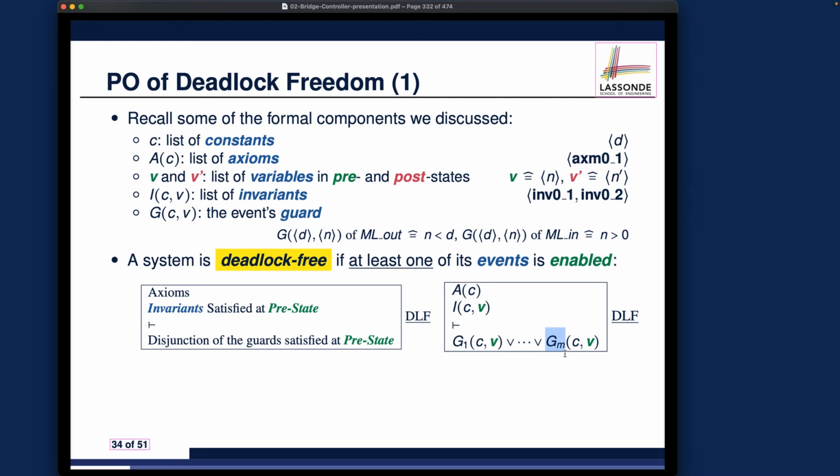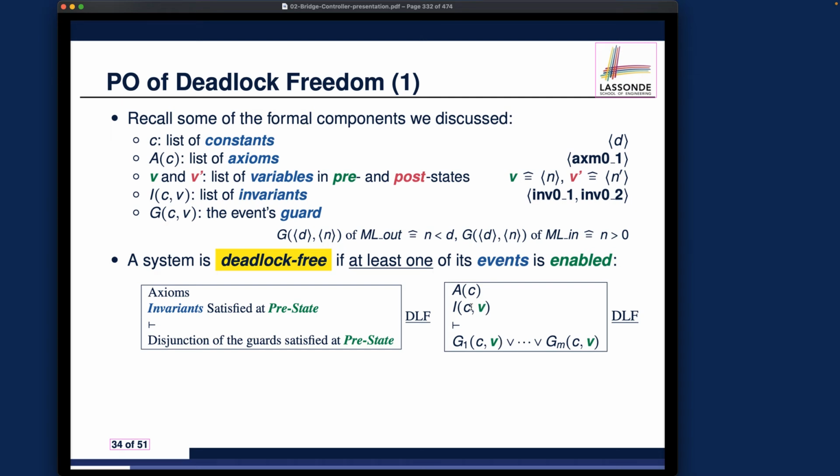But if you only have one event, there's just the guard for the single event itself. If you have two events, event number 1 and event number 2, it should be guard number 1 or guard number 2. If you have 3 events, it should be guard number 1 or guard number 2 or guard number 3, and so on. That's why we simply use dot dot dot over here to indicate that, in general, you just have to disjoin the guards for all the events together. And one thing you may already notice, right?